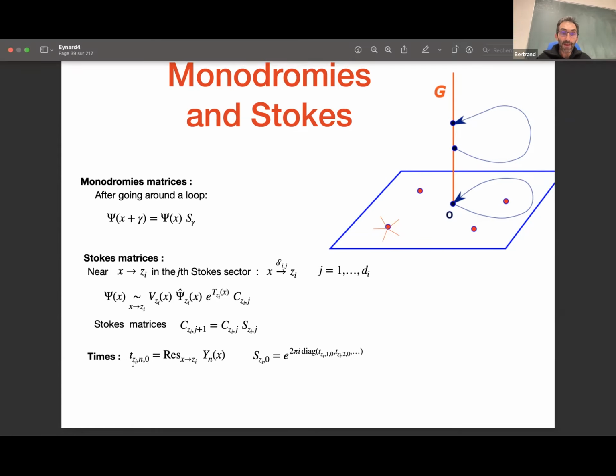It means that psi will be multiplied by this matrix, exponential 2 pi i times the diagonal of the residues. So I also consider this to be part of a monodromy. And typically in Schlesinger systems or in Painlevé equations, this is really what is called the monodromies, these quantities. And so altogether, they form what I call the monodromy data.